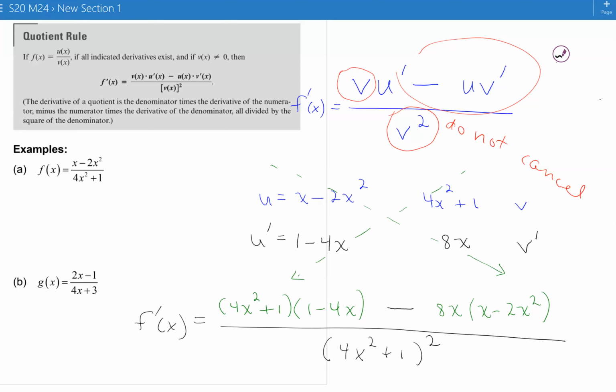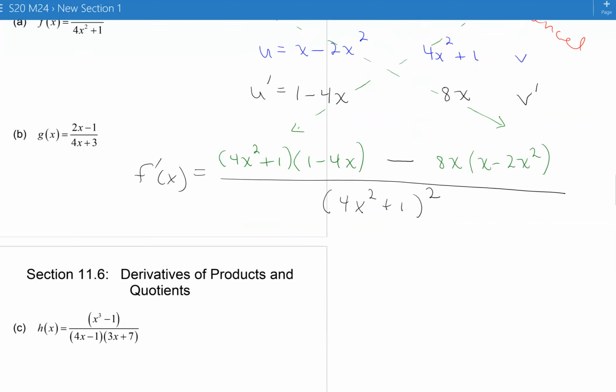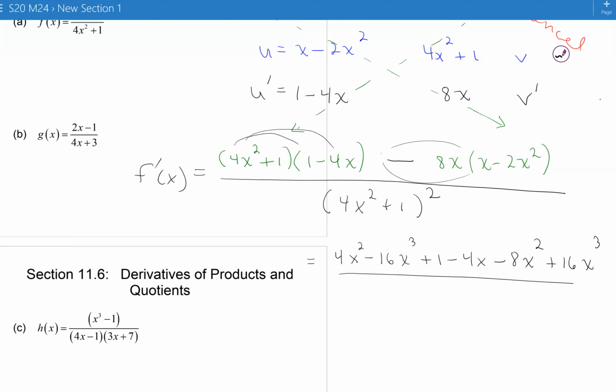Now this needs a lot of algebra simplifying. So we're going to FOIL and get 4x squared minus 16x cubed plus 1 minus 4x. And then make sure you distribute negative x and get negative 8x squared plus 16x cubed.